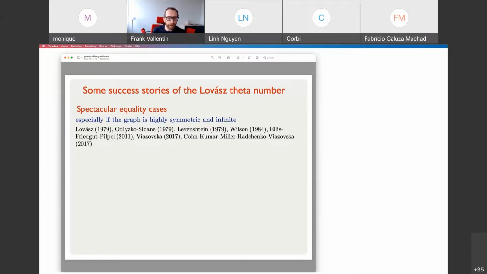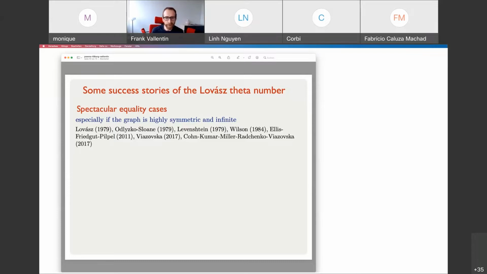Then you have equality cases for the kissing number by Odlyzko, Sloane, and Levenshtein. Then you have equality cases for a problem in extremal combinatorics, like the Erdős-Ko-Rado theorem on intersecting families of sets by Wilson. Then you have a similar equality case for intersecting families of permutations, by Ellis, Friedgut, Pilpel.